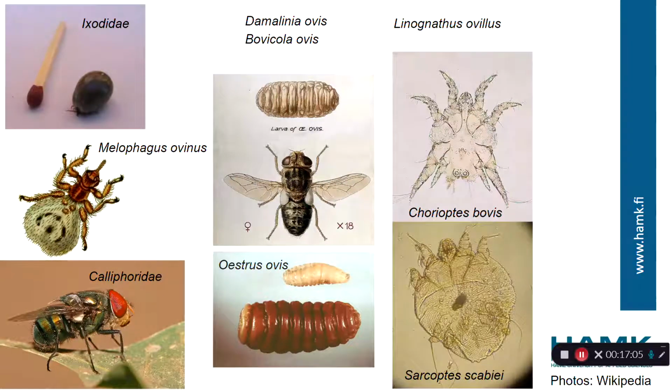Ticks, Ixodidae, sheep biting louse, Damalinia ovis, sheep ked, Melophagus ovinus, sheep bot fly, Oestrus ovis, leg mange, Chorioptes bovis, sheep scab, Psoroptes ovis, itch mite, Sarcoptes scabiei variation ovis, sheep face louse, Linognathus ovillus, and blowflies, Calliphoridae.